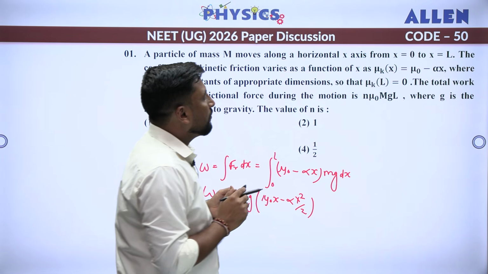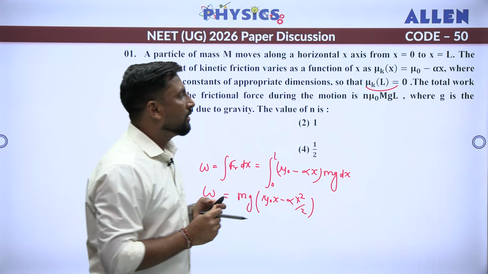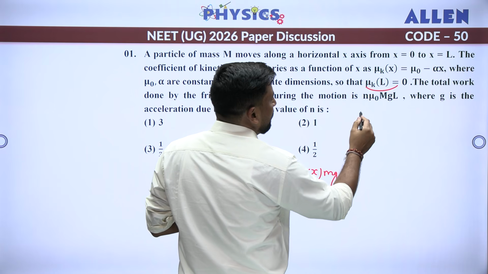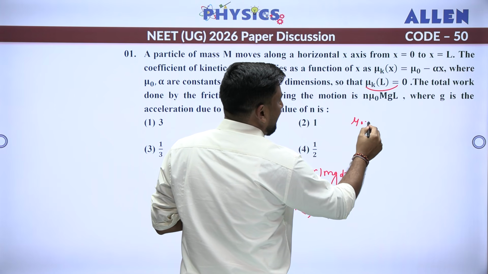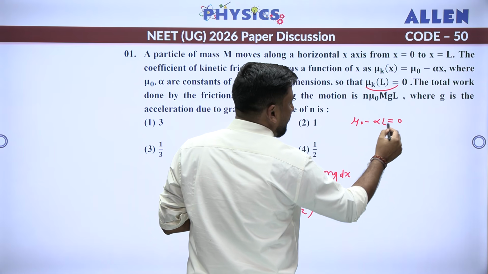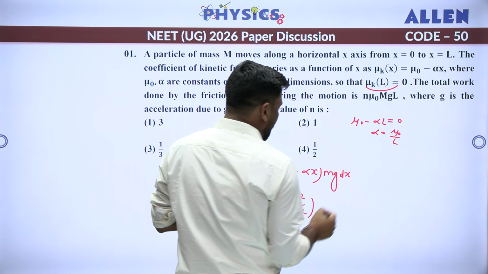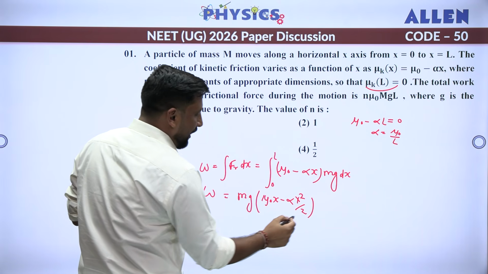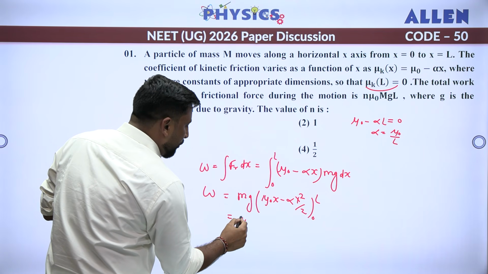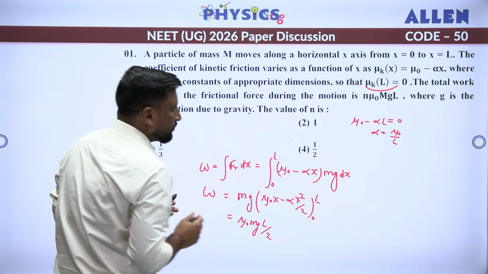Now they have given one more piece of information, that mu is going to be 0 at x equals L. So from there we can get the value of alpha. We can say mu naught minus alpha into L is going to be 0, so alpha is equal to mu naught divided by L. As we put this here, and after putting the limits from 0 to L, what we get is mu naught mg into L by 2.